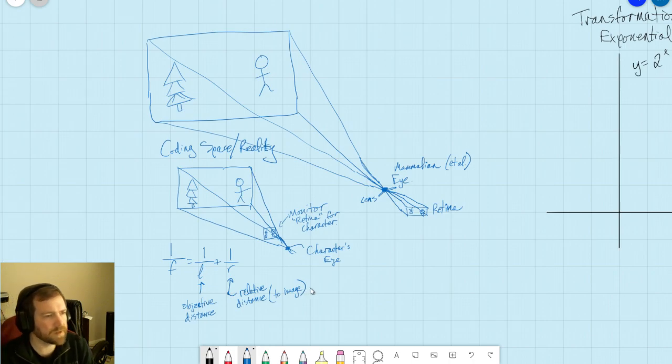But anyway, so let's see, the actual focal length.